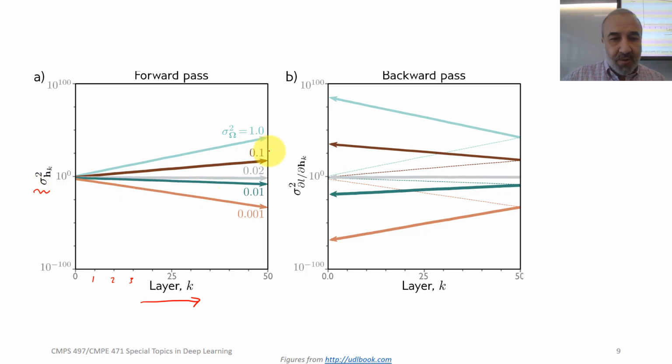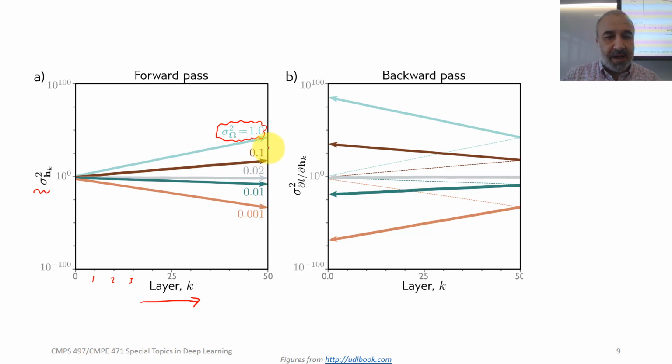You can see with this value of the variance of the weights, the values of the hidden units are increasing as we move forward in the network. By the way, the y-axis is log scale, so it's increasing exponentially. You can think of it that way: we are multiplying by large numbers.